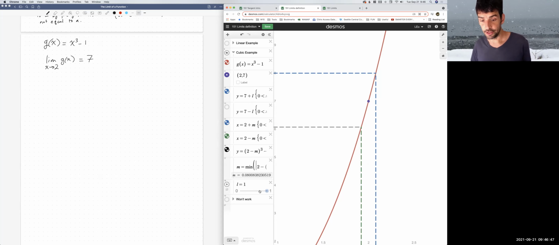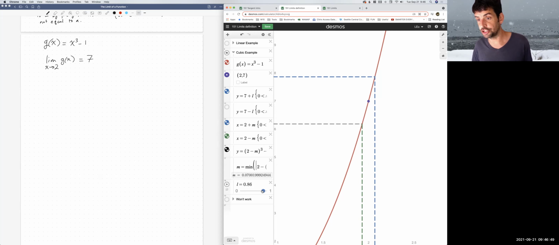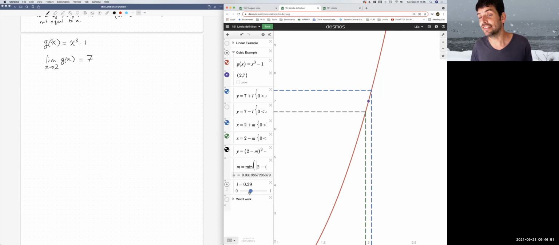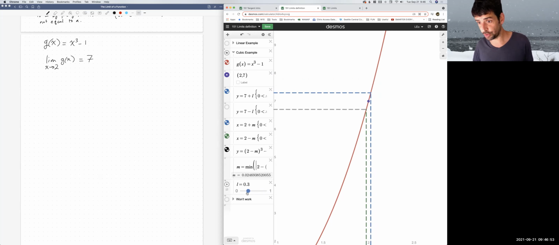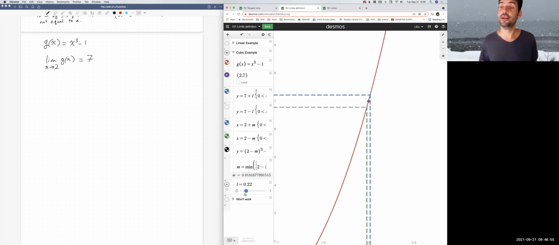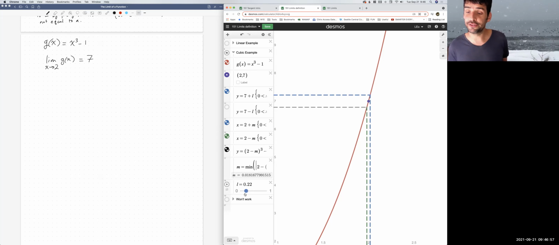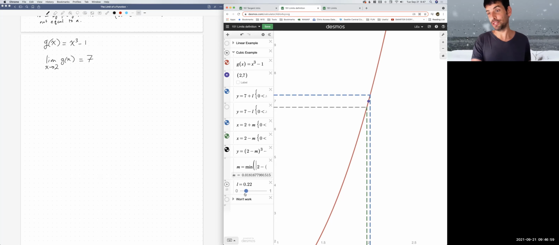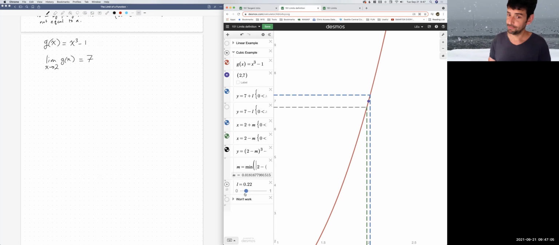In either case, the point is that as the challenge gets tighter, I can still ensure the values of the function are between these two bounds by putting x between what is now a pretty narrow interval, okay?